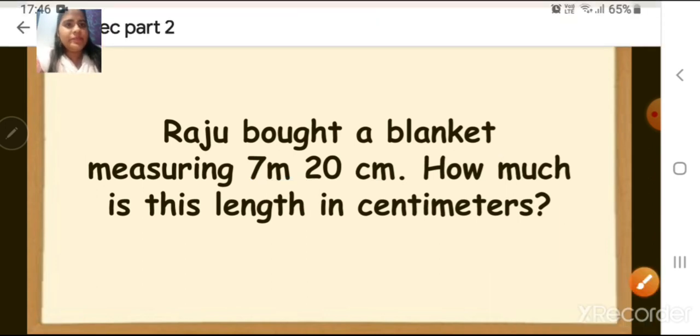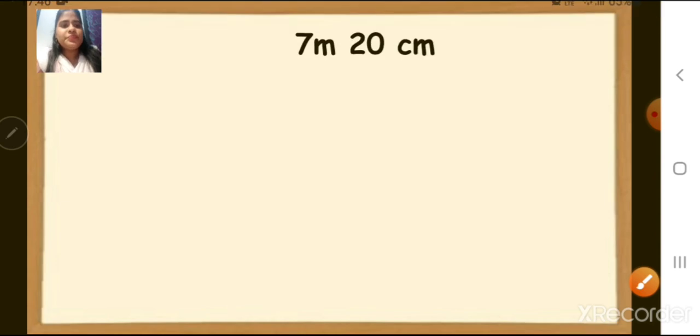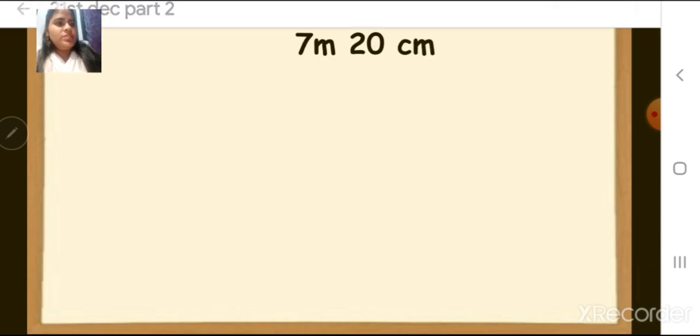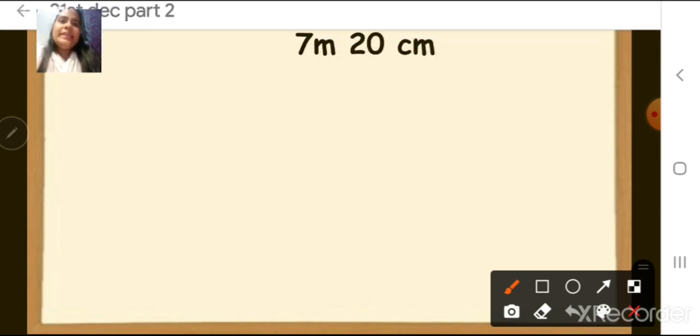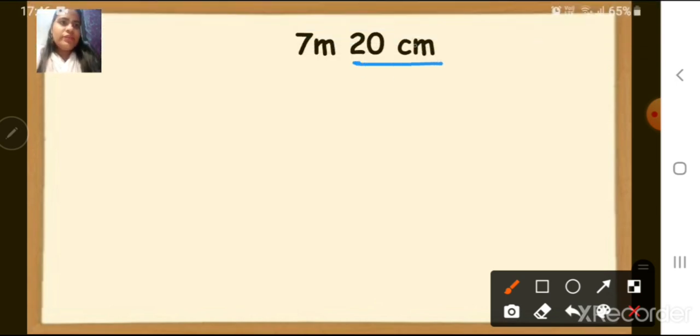Let us see. So 7 meters and 20 centimeters. Children, 20 is already in centimeters, so we will not touch 20 centimeters. First we will convert only 7 meters. How will we convert? We know the formula, right? What is the formula? 1 meter is equal to 100 centimeter.